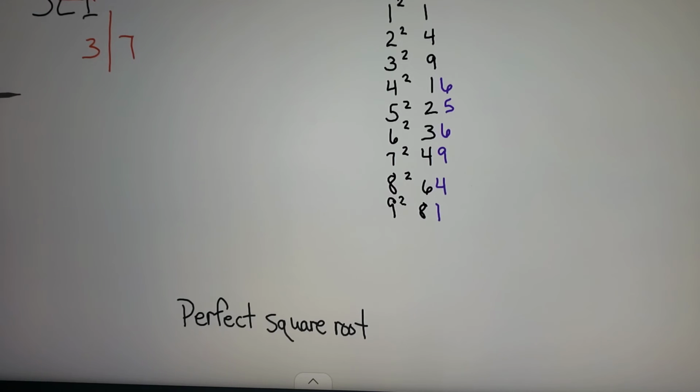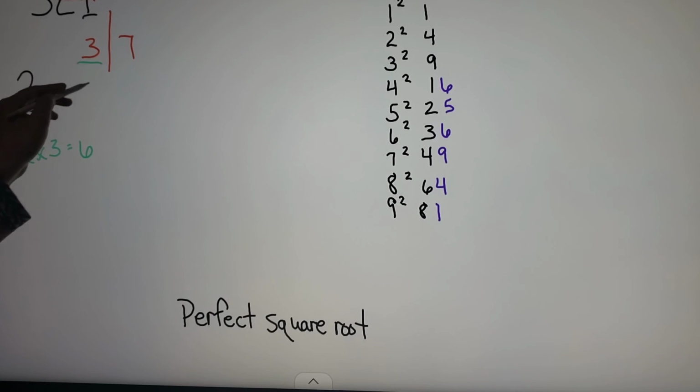So 2. Then remember, multiply 2 times the next highest number, 3. That gives us 6. 6 is larger than 5. So we're going to use the smaller number, which is 23.